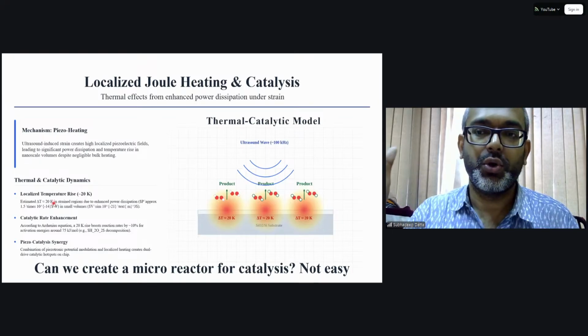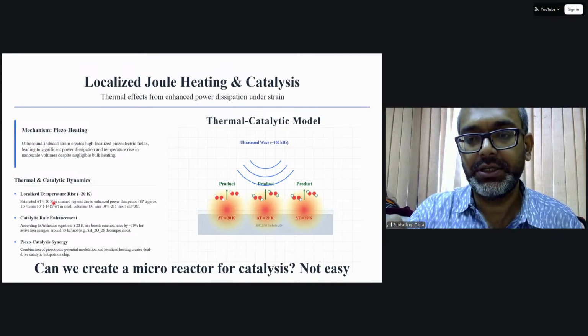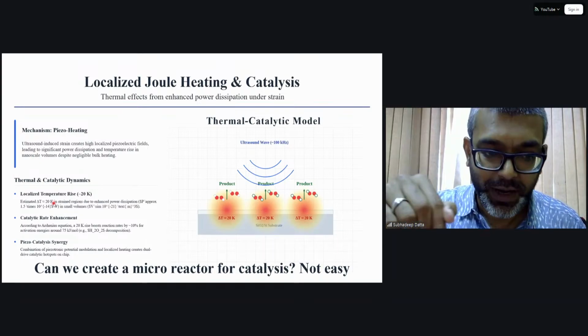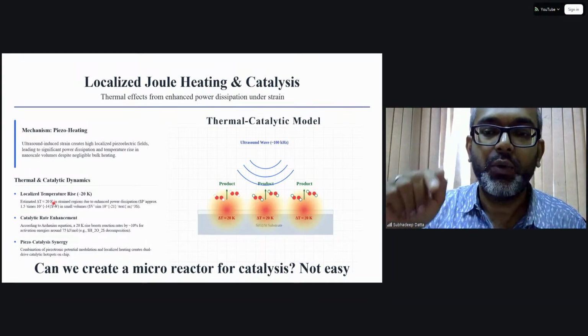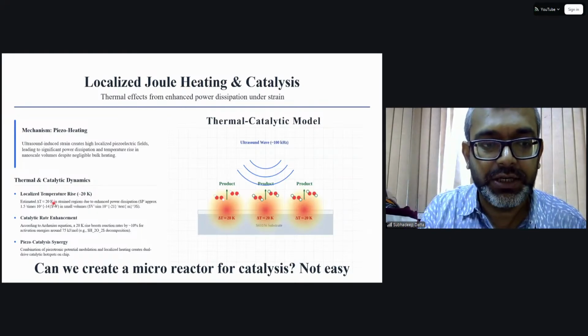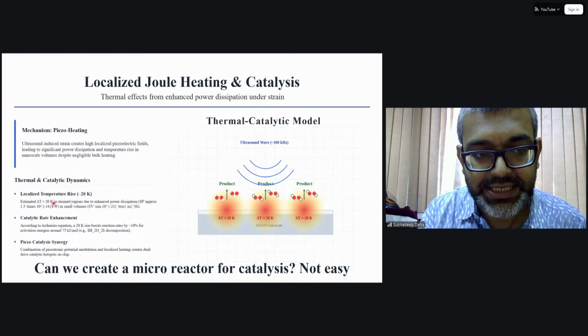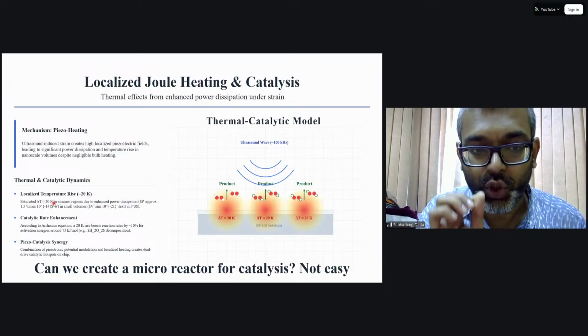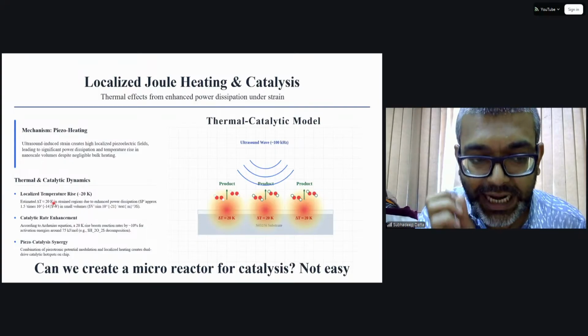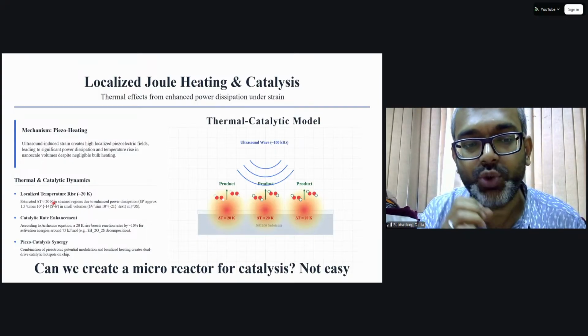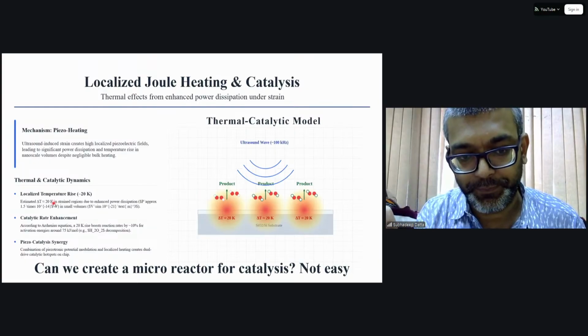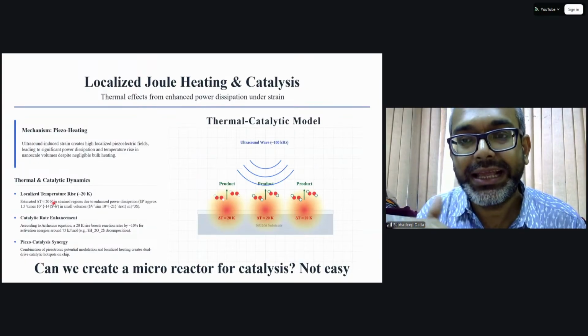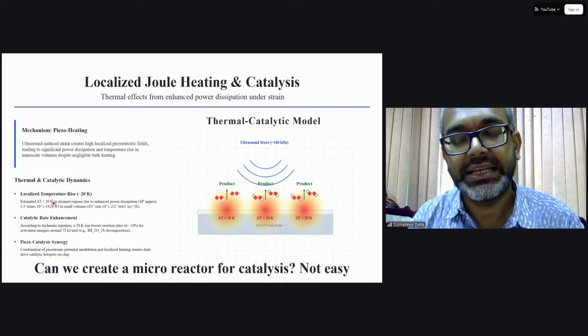Thank you. So we have a circuit, and then sound is propagated, and we have measured that the localized temperature rise is 20 Kelvin. So if a catalytic reaction needs a 20 Kelvin boost, you can create this from the circuit current.